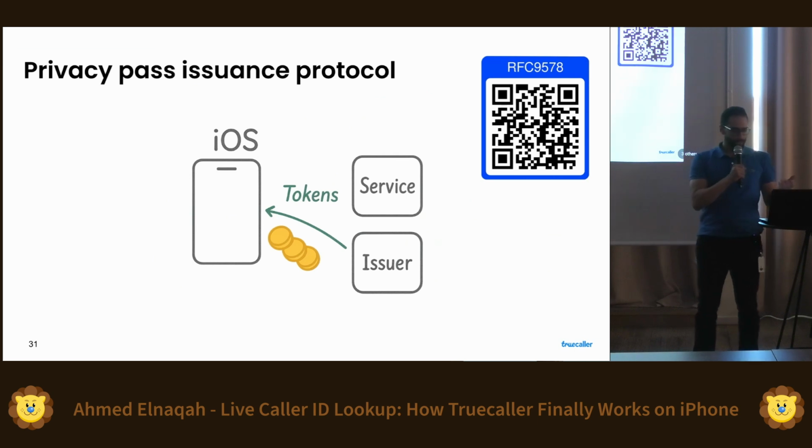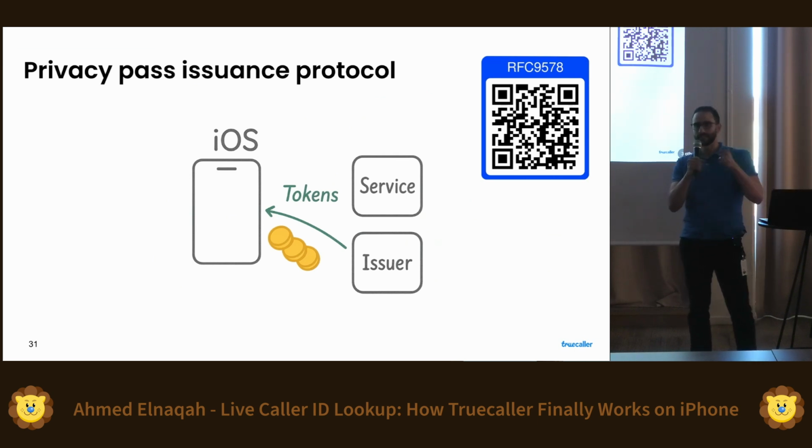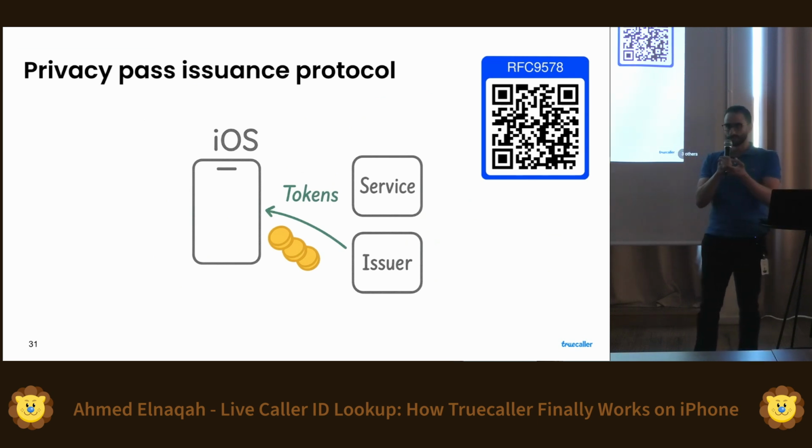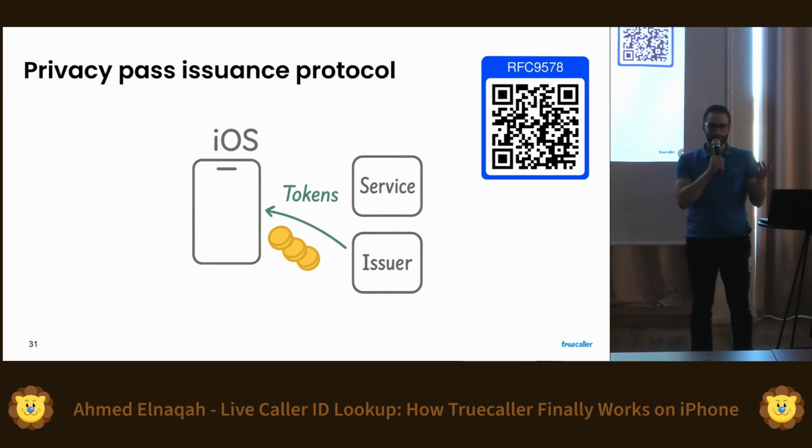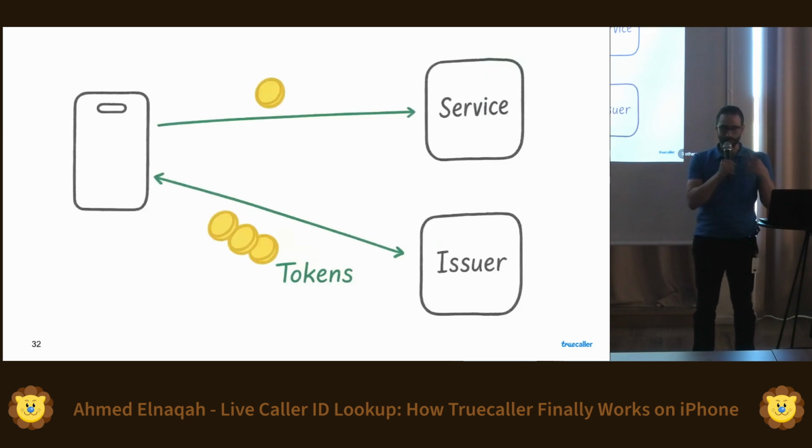The Privacy Pass issuance protocol allows Truecaller to build an issuer. This issuer issues tokens, and you can think of those tokens as Truecaller currency. Whenever a device requests tokens from our issuer, we give a bunch of tokens, and each token can be used for one request.